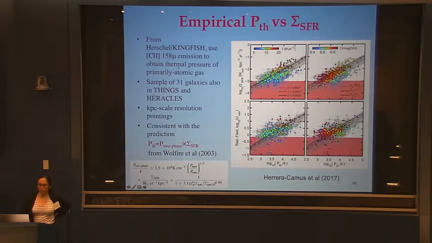So that's sensitive to the thermal pressure in the cold atomic gas. And this is actually flipping it around the other way, that is, star formation rate as a function of thermal pressure. And there you can see this linear relationship, which is consistent with the expectations of heating of the ISM by far UV.